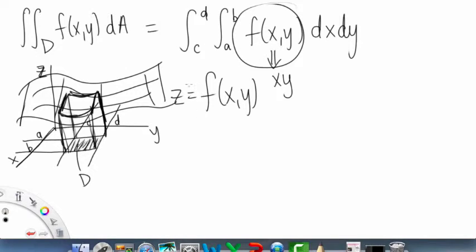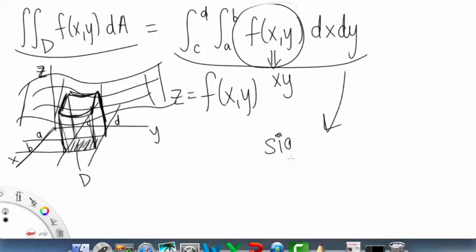The point that I'm trying to make is that this whole double integral is going to give us, as our answer, the signed volume, so it could be positive or negative.